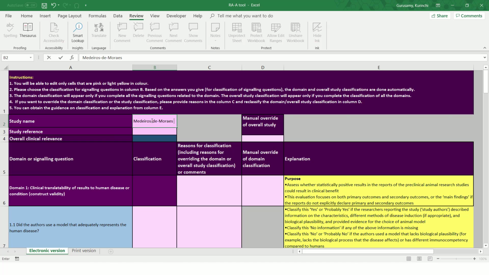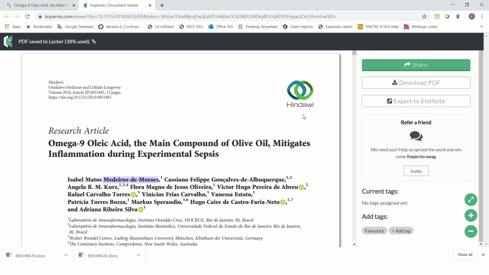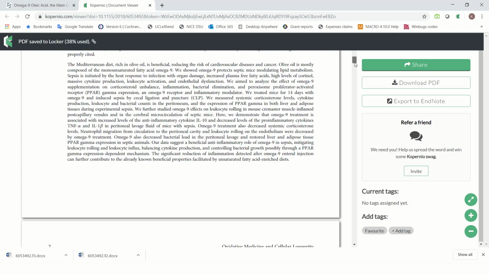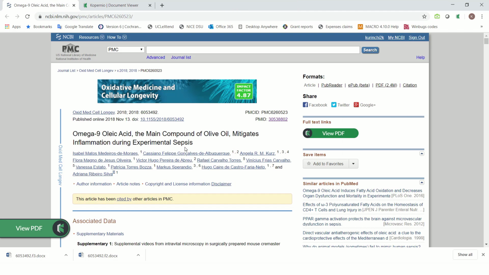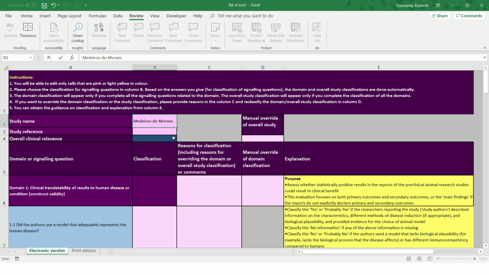And you can use whichever way you want, as long as you indicate the correct article. The year of publication is probably 2018, but let's just make sure that's the case. Okay, let's just go here. Yes, it's 2018.